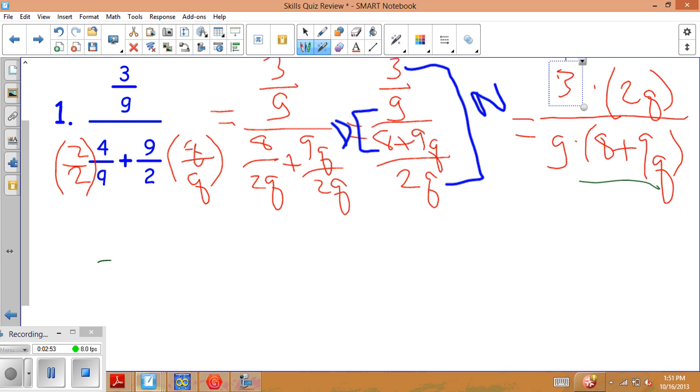And so we wind up with 3 times 2q is just 6q. And g times 8 plus 9q, what I'm going to do is I'm going to do my distributive property, g times 8, g times 9q, and I'm using my magic pen again, which I should not be doing, sorry.